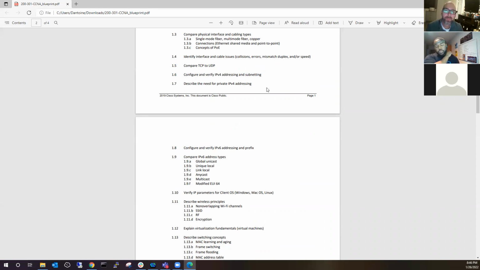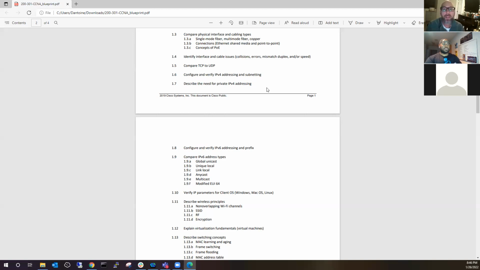Tell me the difference between TCP and UDP. Yeah, so TCP, transmission control protocol. Basically it's a three-way handshake to make it a connected session. And so it has a lot of functions because of that, like windowing and sequence numbers to kind of put things back in the right order.